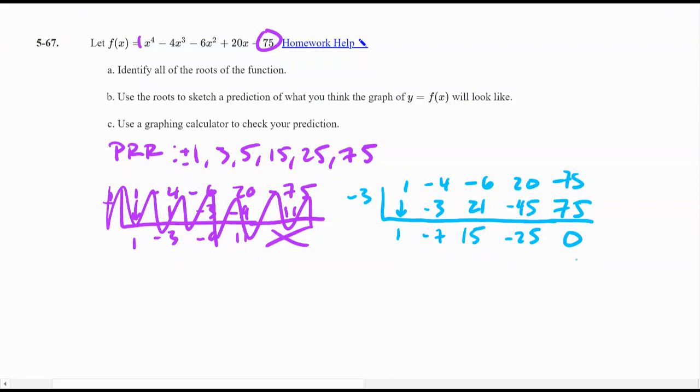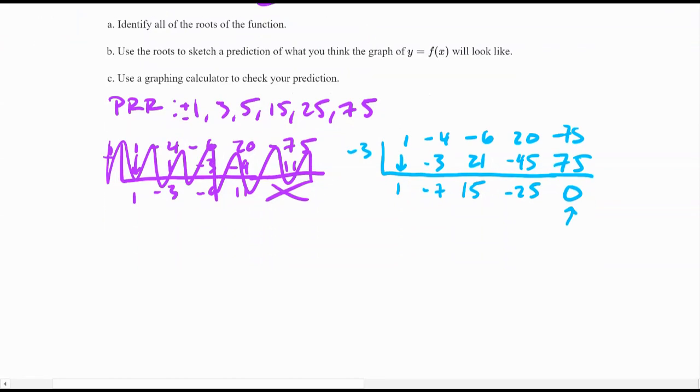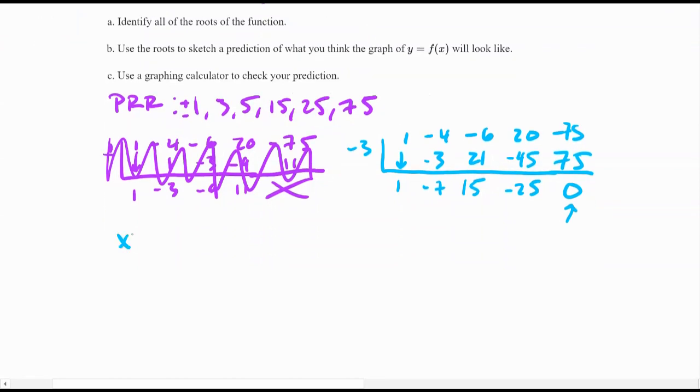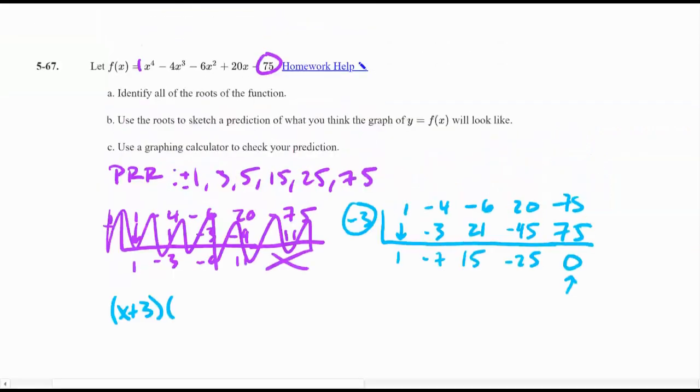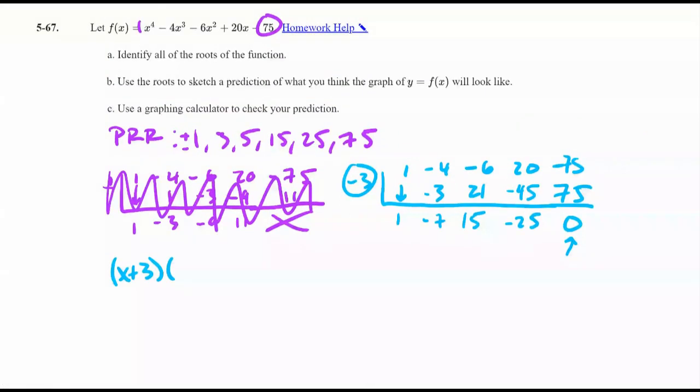So we get a remainder of 0, which means I can factor out x plus 3 from this equation, because the -3 makes the equation 0. Then I use the coefficients of my answer to get x cubed minus 7x squared plus 15x minus 25.